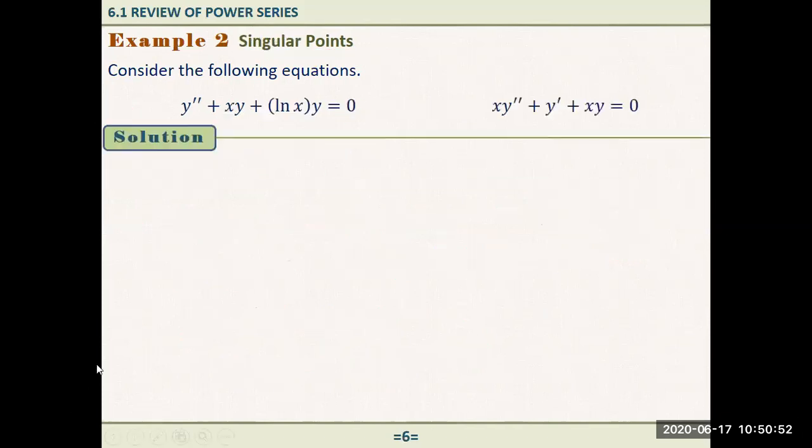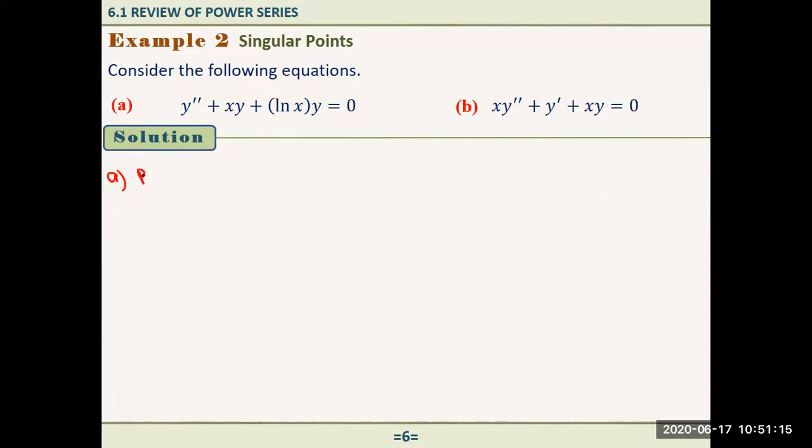How about singular points in this example? Question A, question B. Here in question A, it's already in standard form, because the coefficient of y double prime is 1.